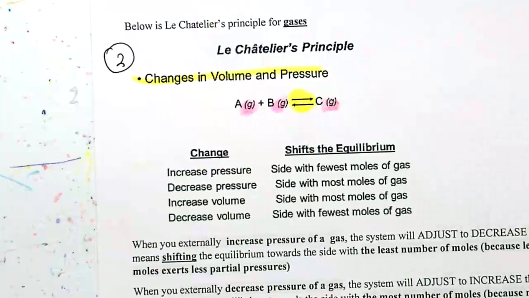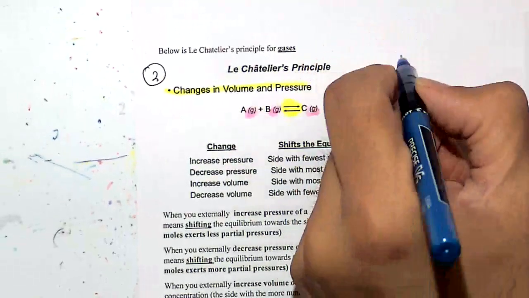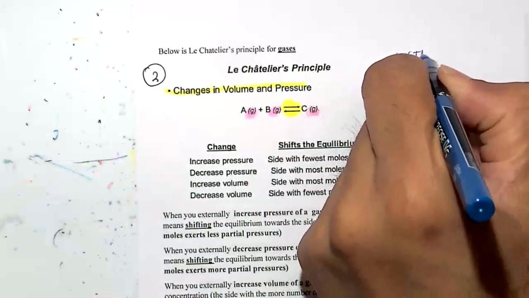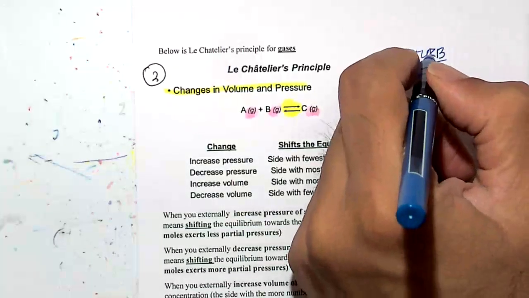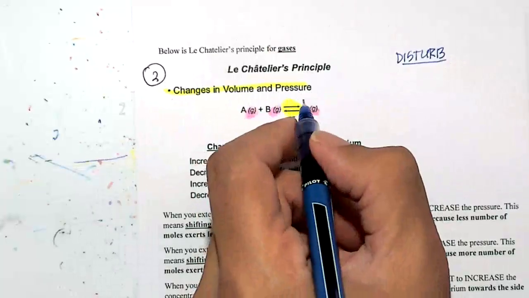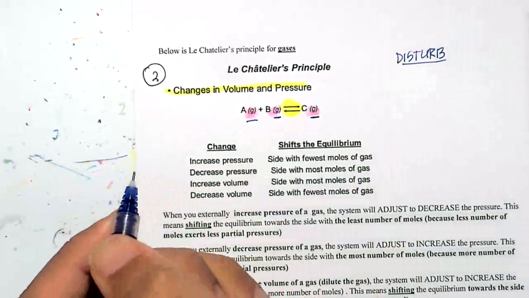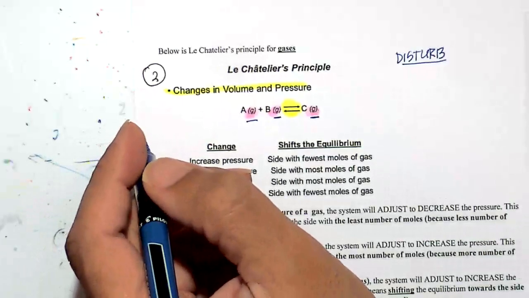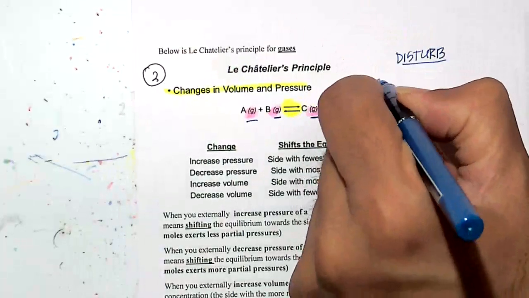So let's say we do a disturbance. Remember, gases can be a pressure or a concentration, okay? So let's say the way I disturb this equilibrium is I increase the pressure.